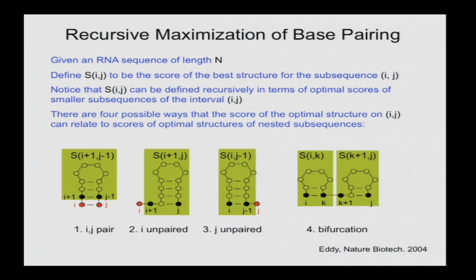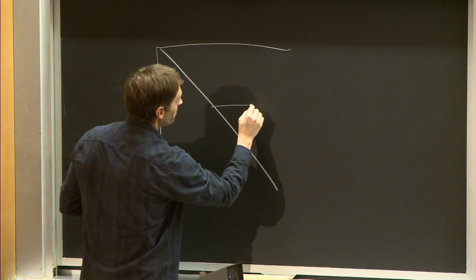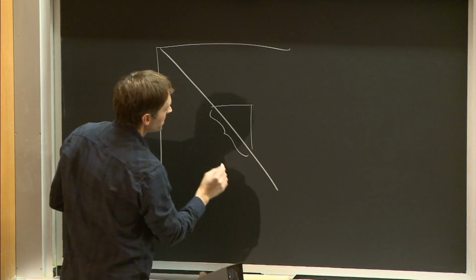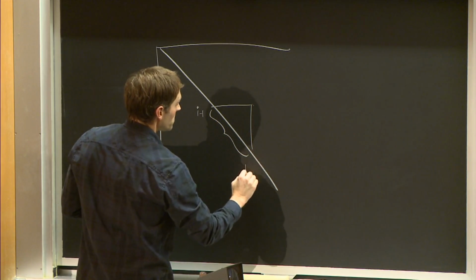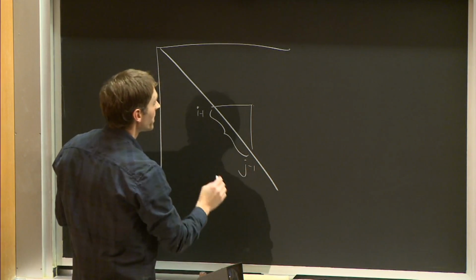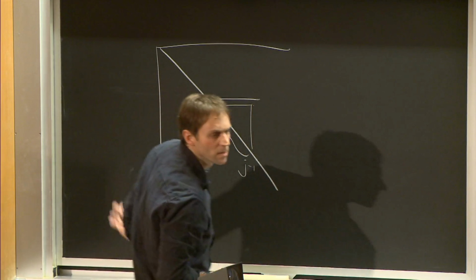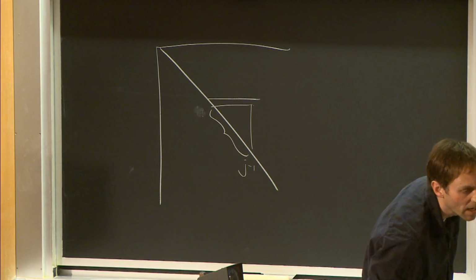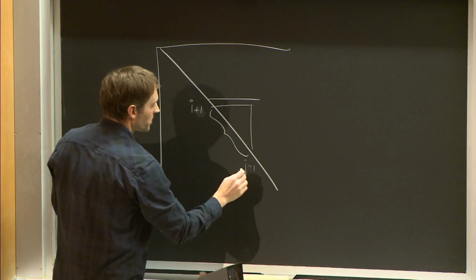So the first one is probably the simplest, where you're here somewhere, meaning you've compared sequences from position, let's say, i plus 1 to j minus 1.